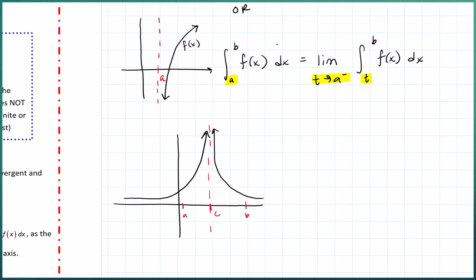What we could do is integrate from a to c, see if that integral existed, and then integrate from c to b, look at that as an improper integral. See if that integral is convergent, if it has a value, and if it does, then we could add the two together. Okay, so let's take a look at a few examples.